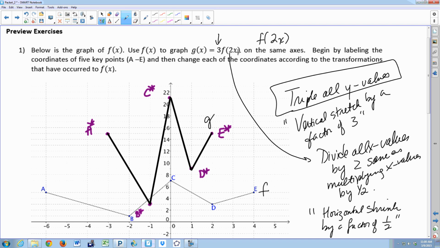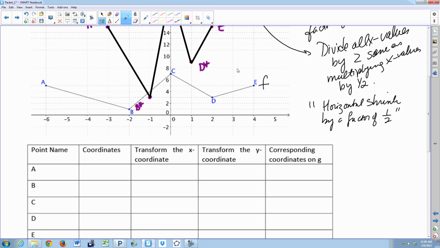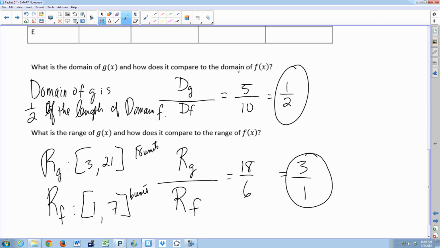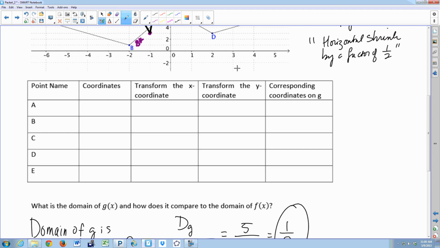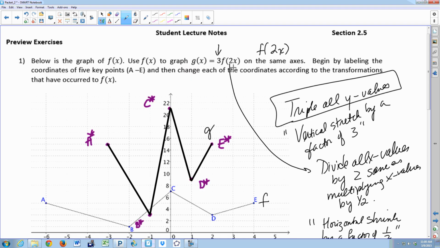You can say, oh, if I put -6 into f, I know what my answer is. It's 5. But to get -6, once you've doubled x, x has to be half the size. That's what's going on. It's a lot harder to say. It's a lot harder to think about and put this all together, but it will come with practice.